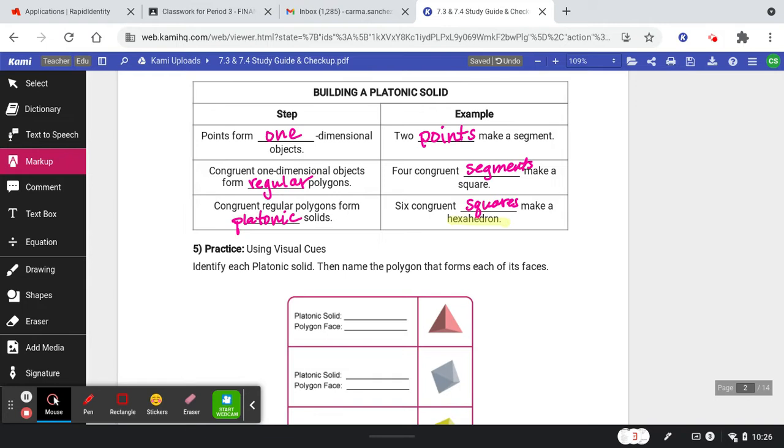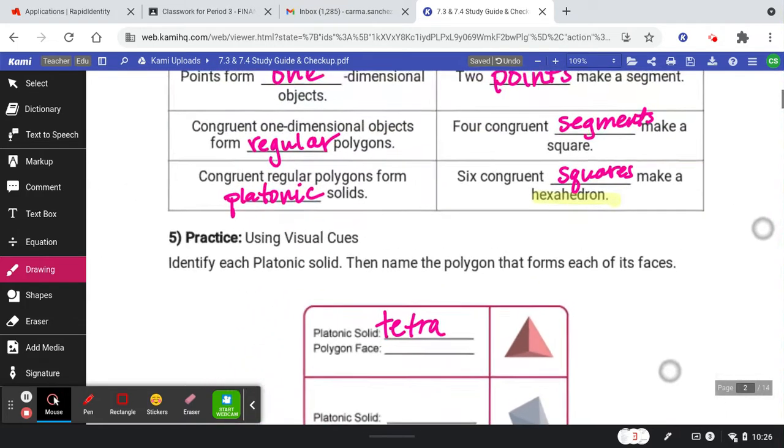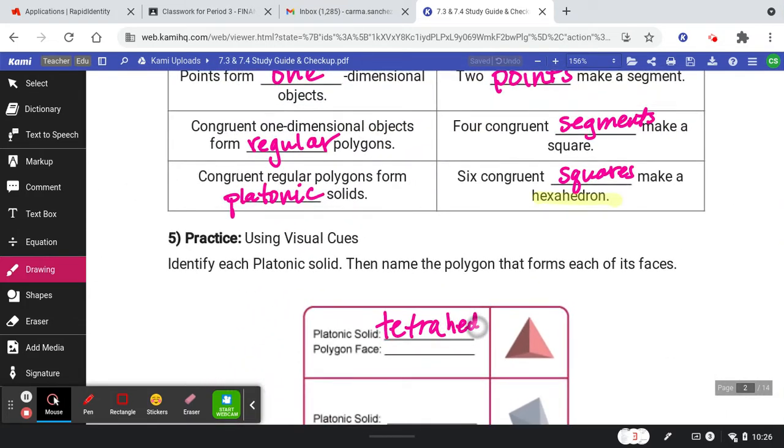So the first one is called a tetrahedron. And the polygon face that makes up tetrahedrons, if you can see there in the picture, are equilateral triangles. You know what? I need to go to a smaller font here.